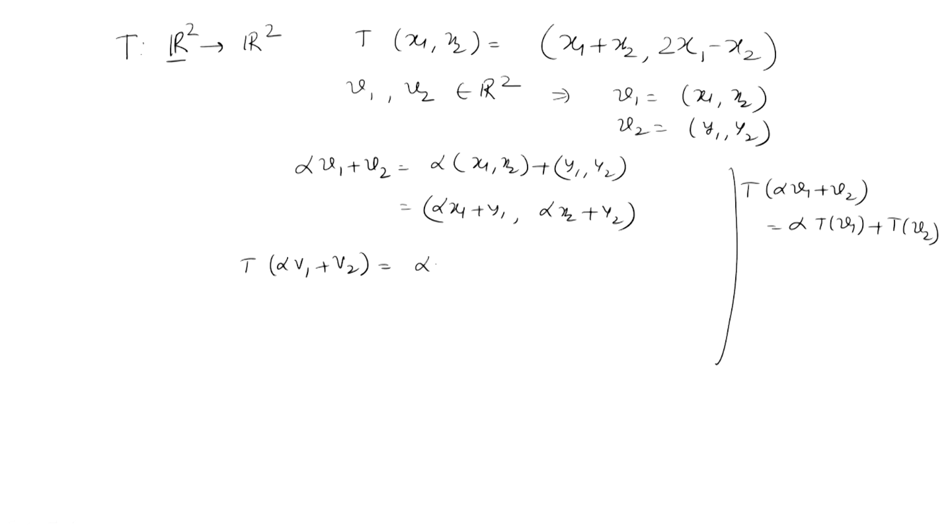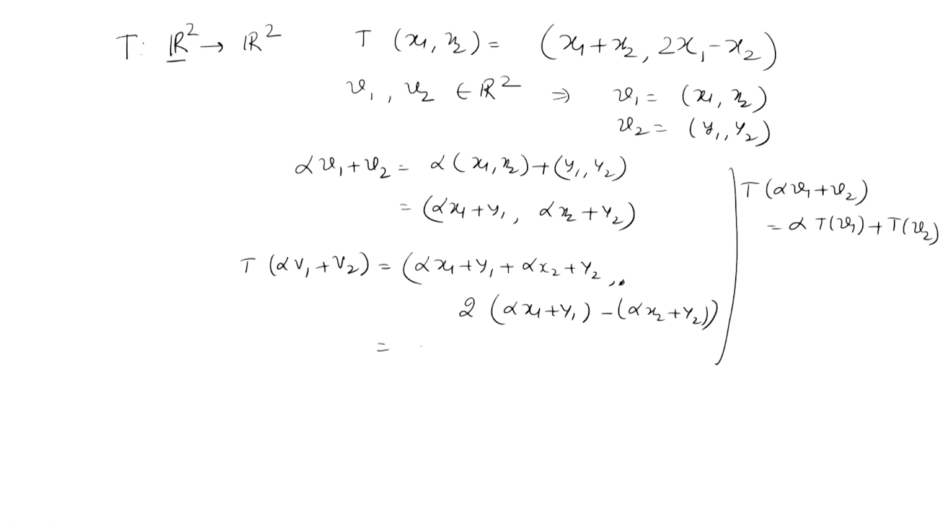It is simply T of alpha x1 plus y1, alpha x2 plus y2, which is the sum of these two elements in the first component, and 2 times the first component minus the second component as the second element. So it is 2 times x1, which is alpha x1 plus y1, minus x2, which is alpha x2 plus y2.